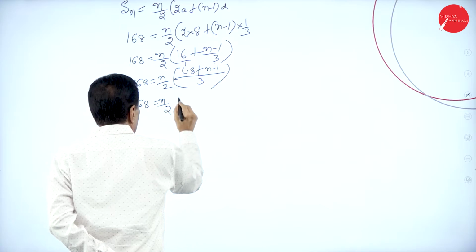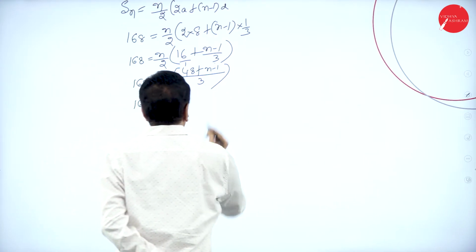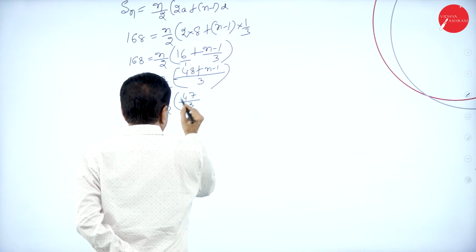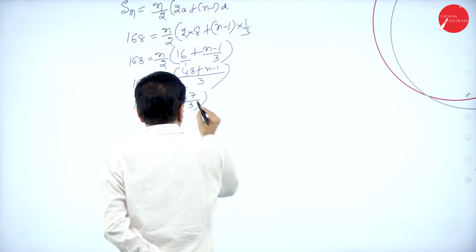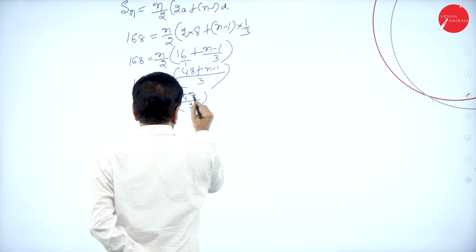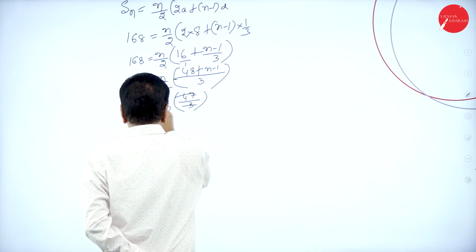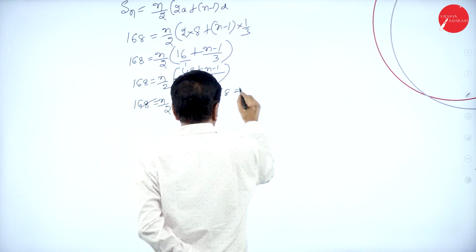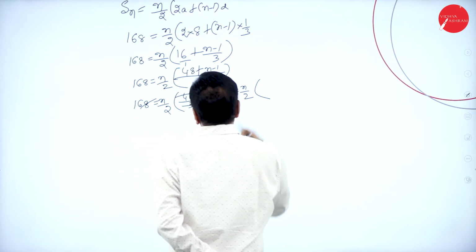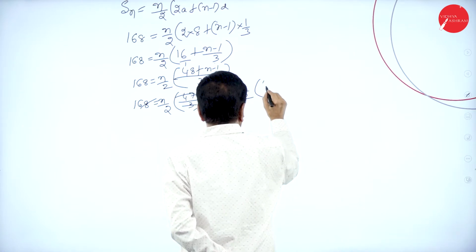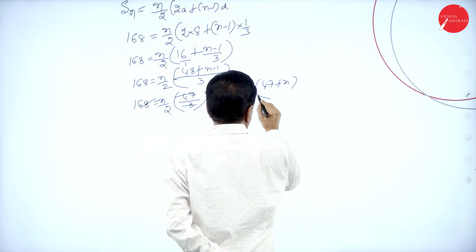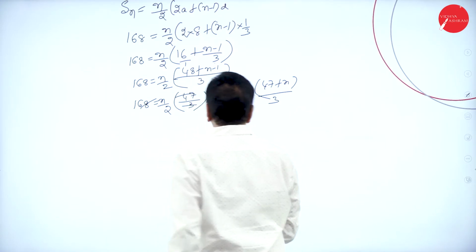n by 2 into 48 minus 1 is 47 divided by 3. This is 47 plus n. This is 168 n by 2 into 48 minus 1, 47 plus n divided by 3.